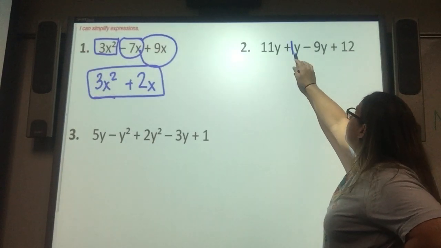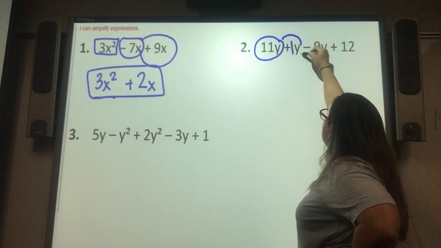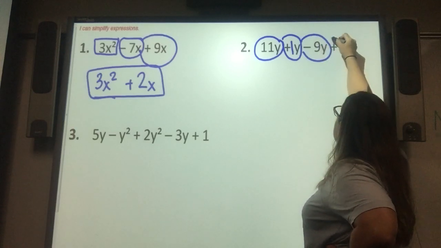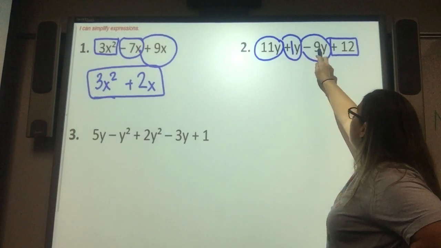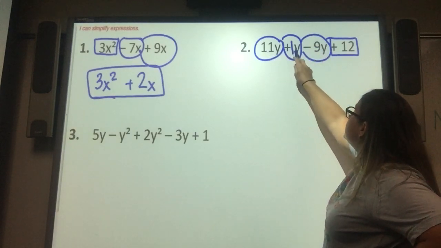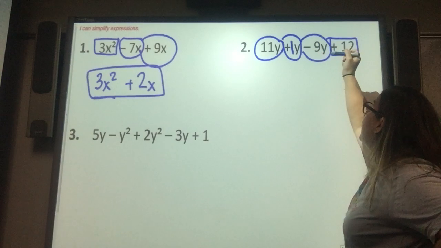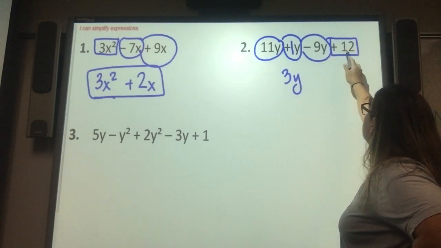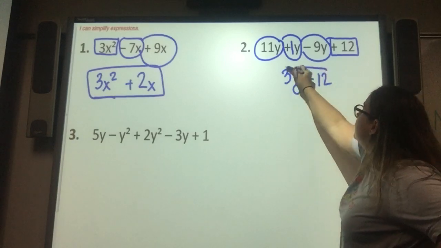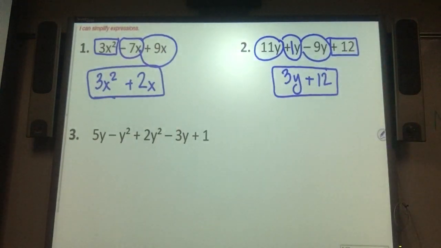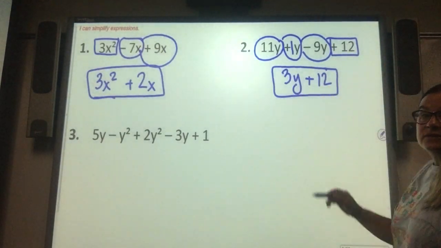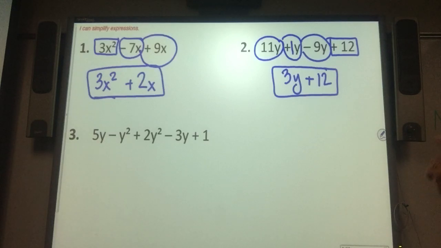So 11y plus 1y minus 9y plus 12. 11 plus 1 is 12, minus 9 is 3y, and then plus 12. 3y plus 12. That can't be simplified anymore because this has a y and this doesn't. Pause the video and try number 3.